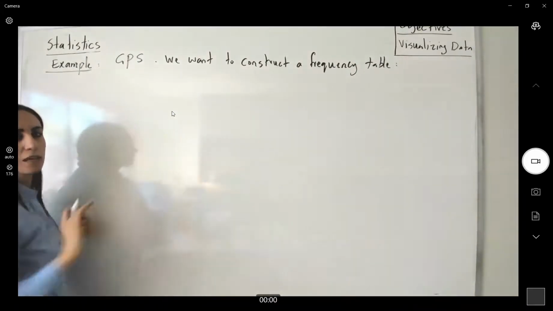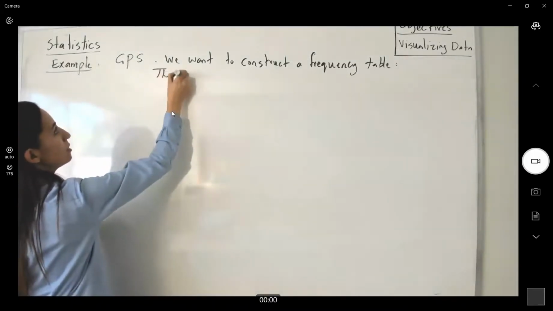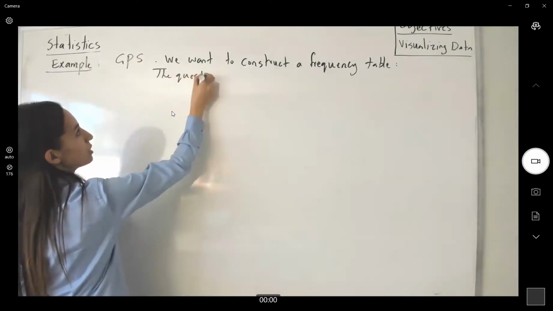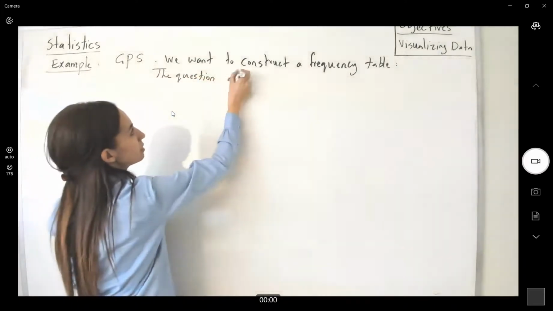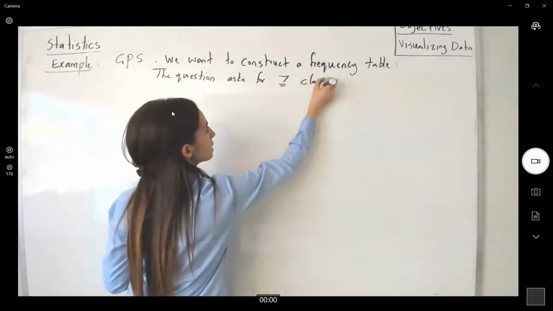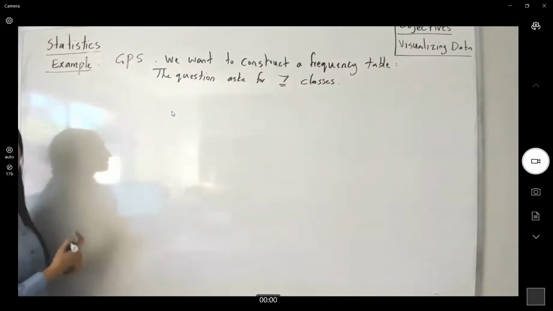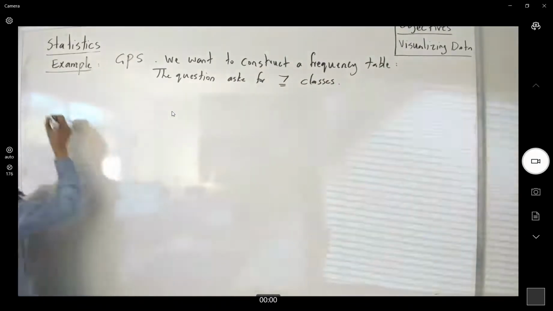How many classes? The question asks for 7 classes. It means that we're going to have 7 rows.